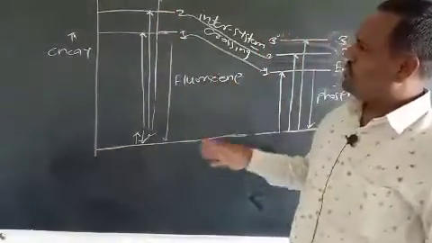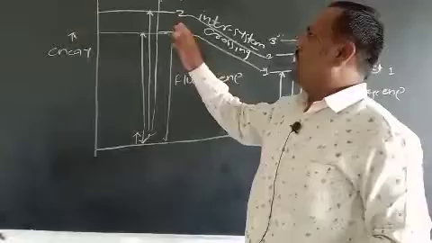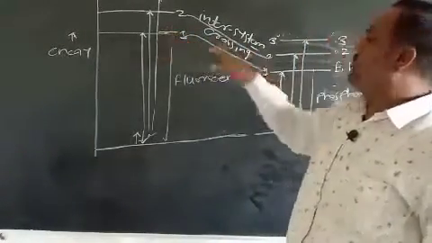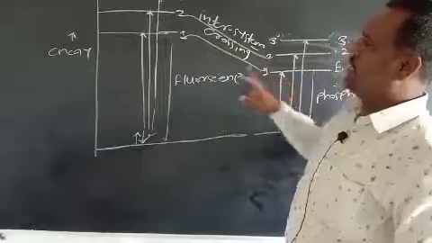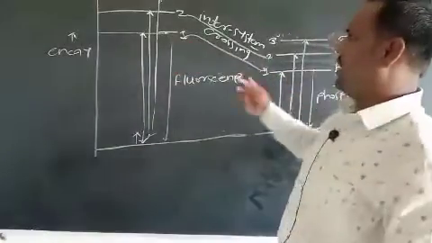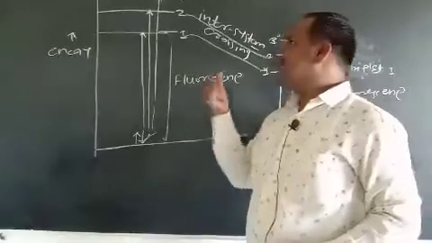And if there is a transformation from the excited singlet state to the excited triplet state, that is excited singlet first to the excited triplet first, then this process is called inter-system crossing.